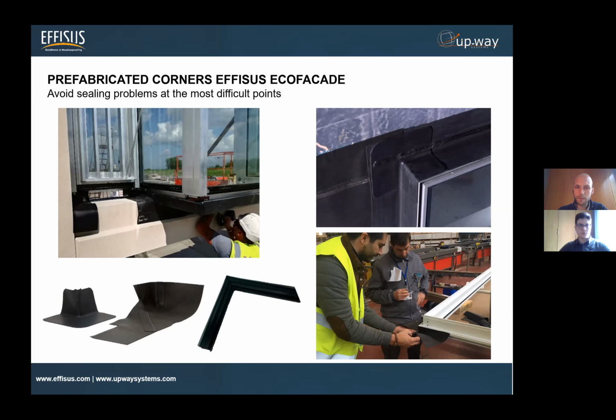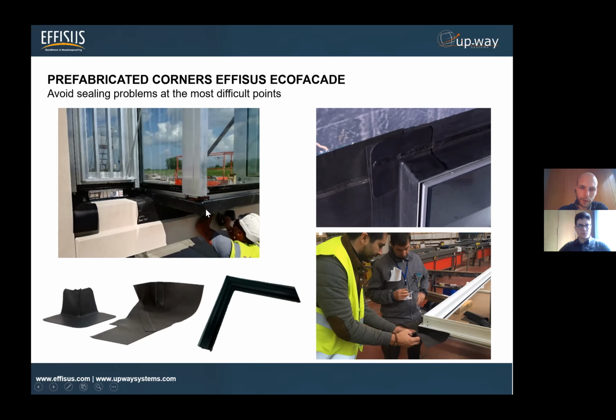Sometimes you will understand that the shape of your windows, the complexity of your installation, would benefit from a more customized solution for your project. And with corners, this is really happening many times. So we can have easy parts of the window to play with that are quite simple to install and to avoid any issue.